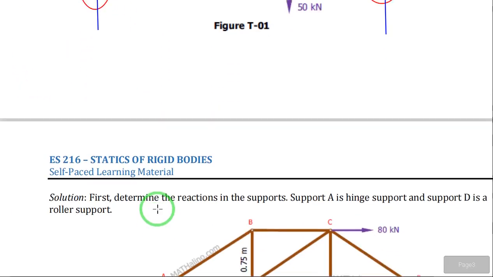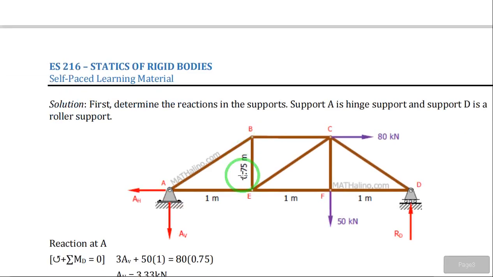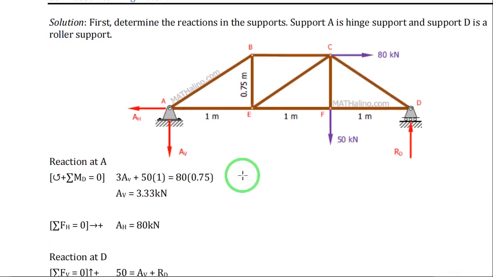While A vertical and D vertical, you can solve using the summation of moments or the summation of forces vertical at any point. By doing that, you should be able to solve for A vertical as 3.33 kilonewton, which is downward, this one.